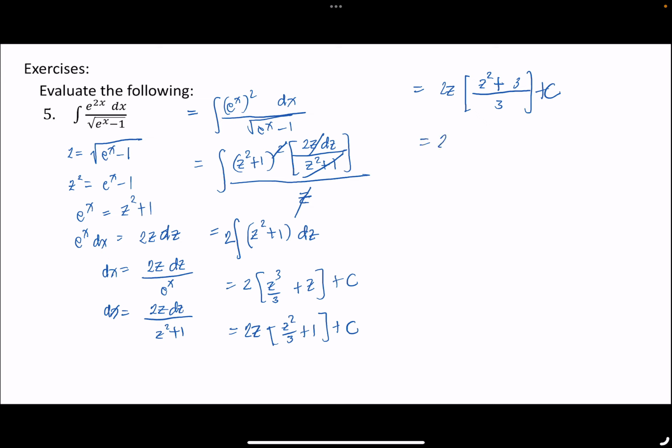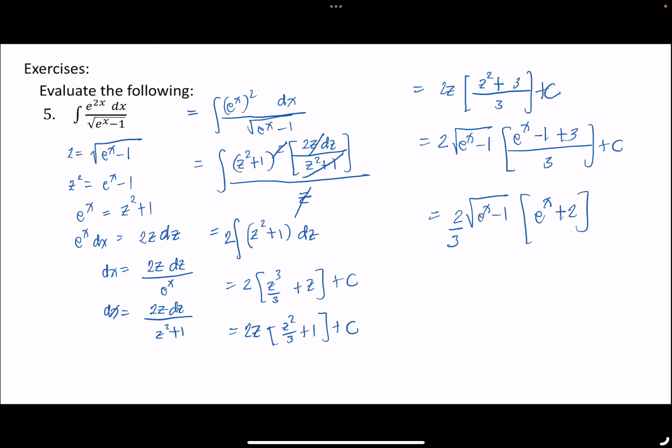So we have 2. z is the square root of e to the x minus 1 times the quantity z squared. z squared is e raised to x minus 1 plus 3 over 3 plus c. So we have 2 square root of e raised to x minus 1 times 1/3 e raised to x plus 2 plus c.